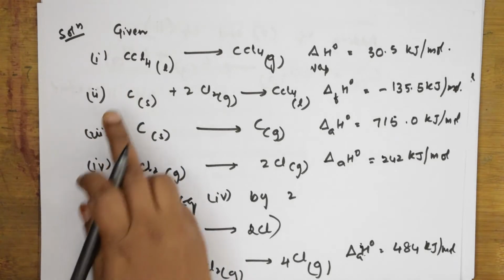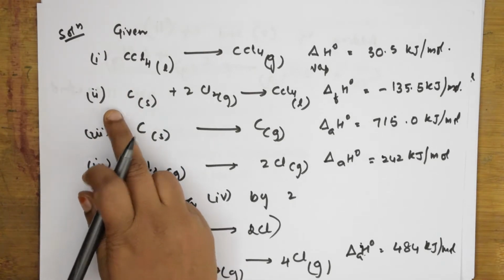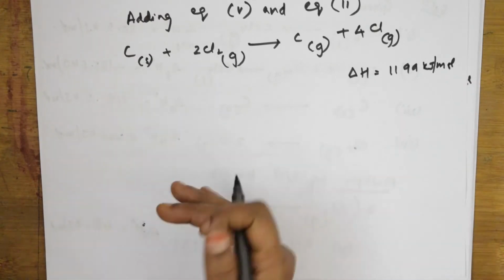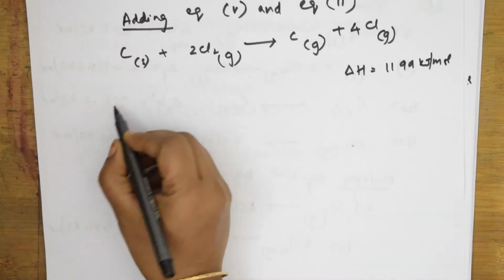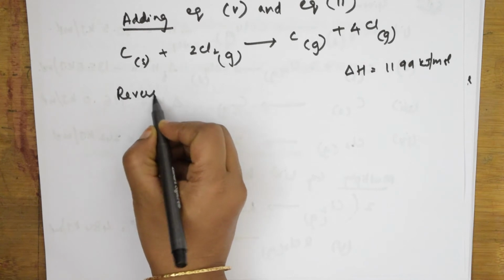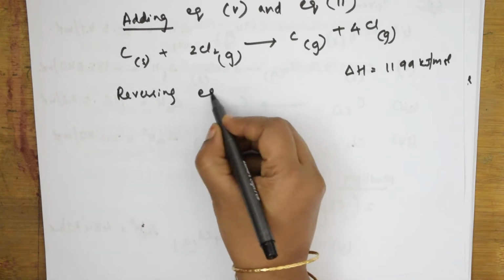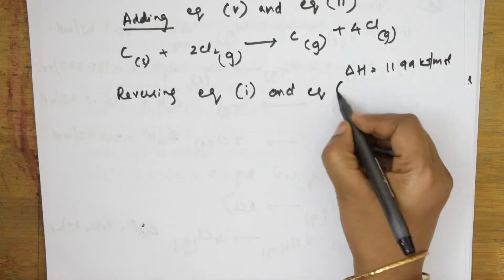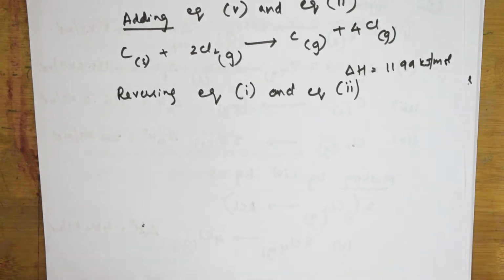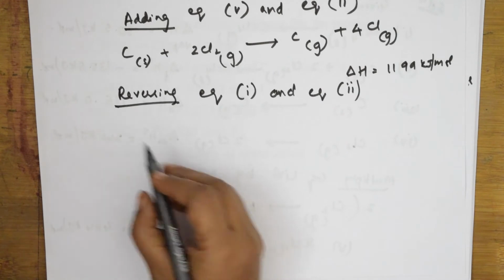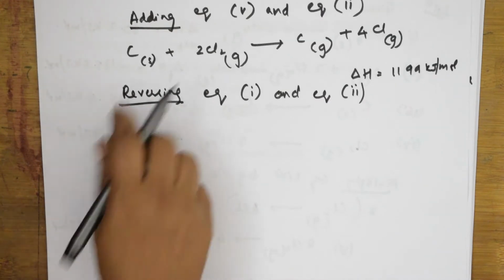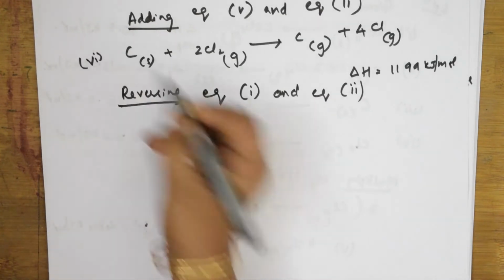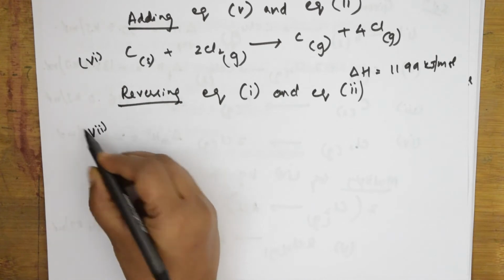I'm going to reverse equations 1 and 2. Both the equations I'm going to reverse. So what will happen when I reverse the equations? Adding is over, now I'm reversing. Let me name the previous one equation 6, and the reversed ones equation 7.